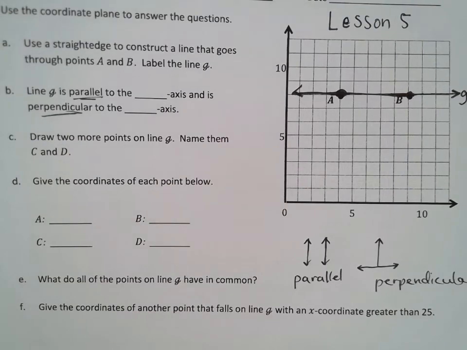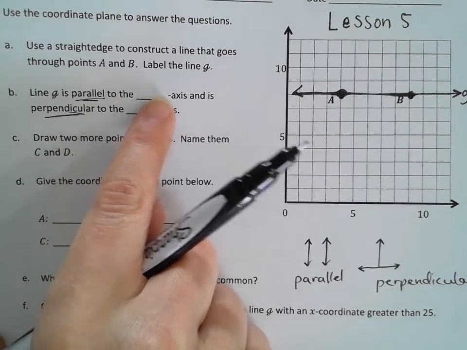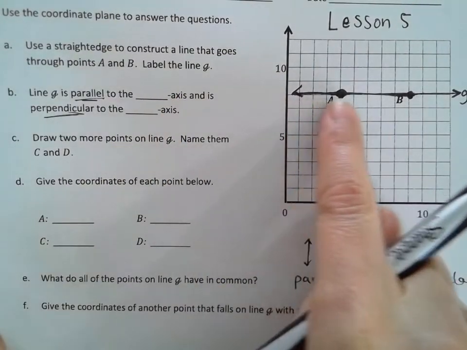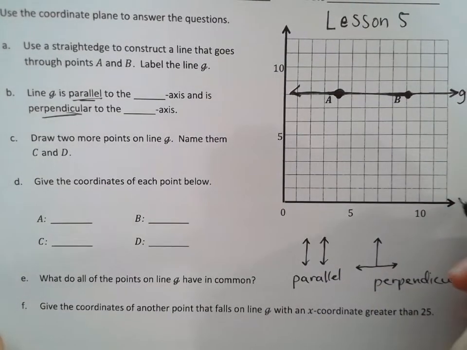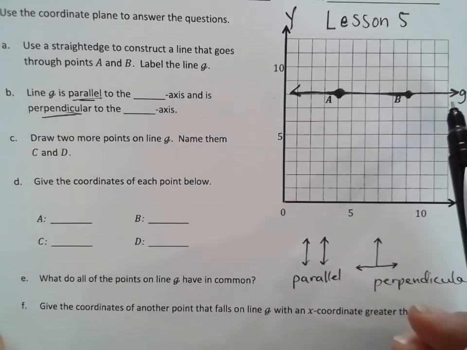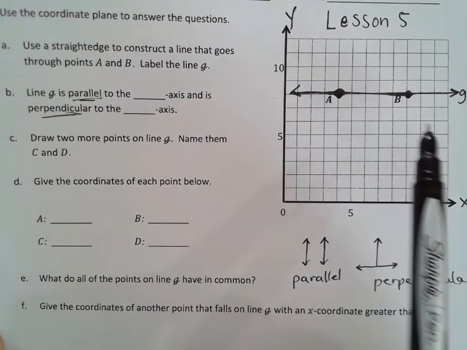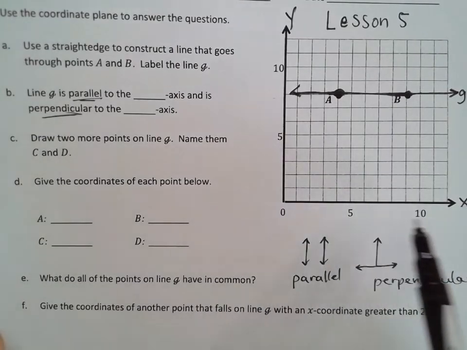It says line g is parallel to which axis? If we look at line g, it is either parallel to the x-axis or the y-axis. What do you think? Line g is parallel to the, and you are correct, it is the x-axis.